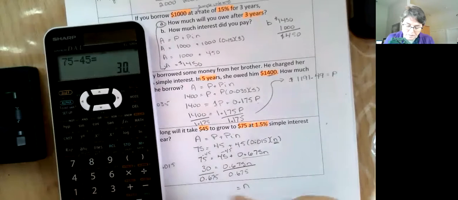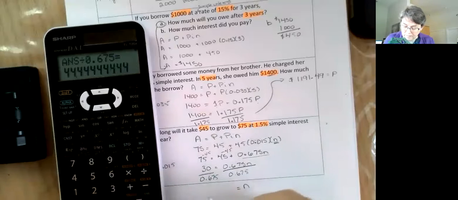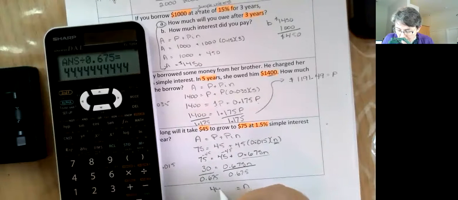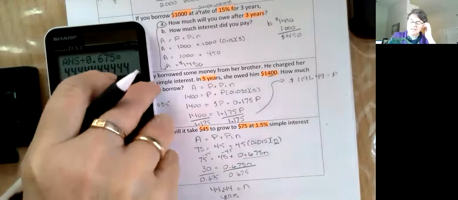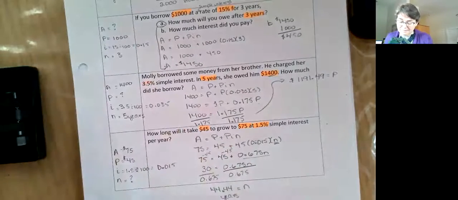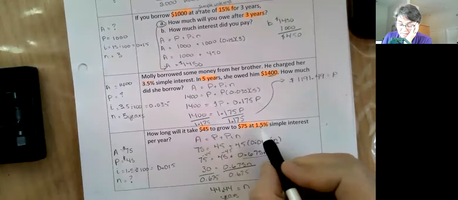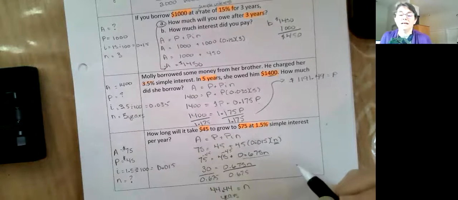N is going to be... That seems really ridiculous, but we have a really low interest rate, so yeah, I'm confident in that answer.